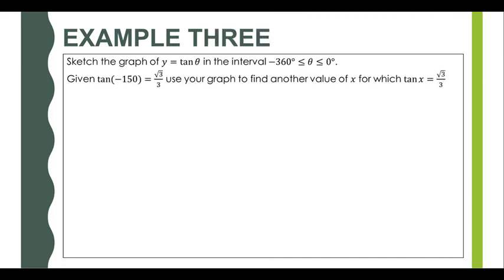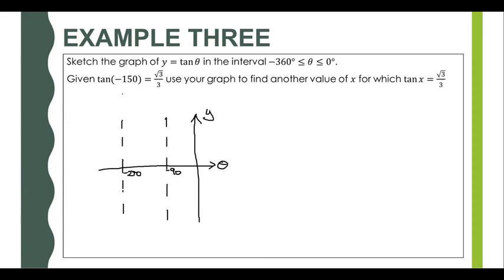In this example, we're drawing the graph of tan, and again we're only interested between minus 360 and 0. If we label our axes y and theta, we know that the graph of tan has asymptotes at minus 90 and minus 270, and that it crosses the x-axis when x is 0, x is minus 180, and x is minus 360.